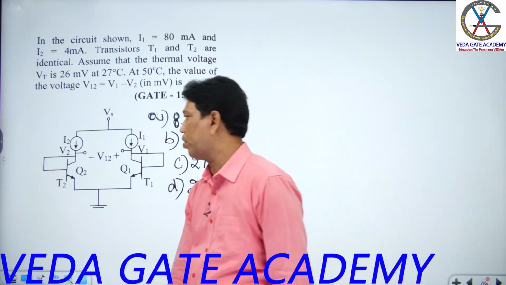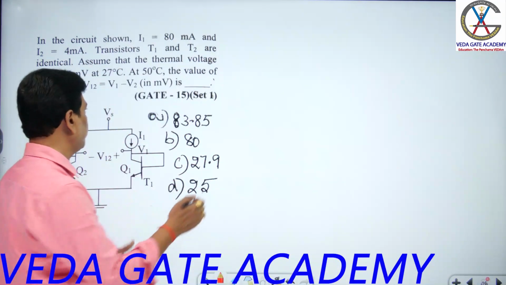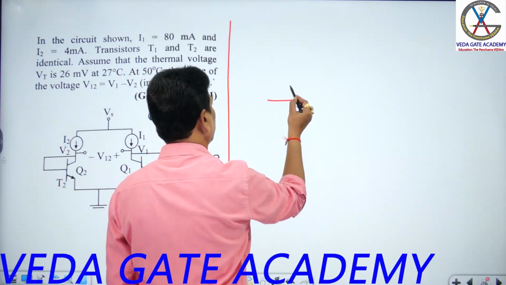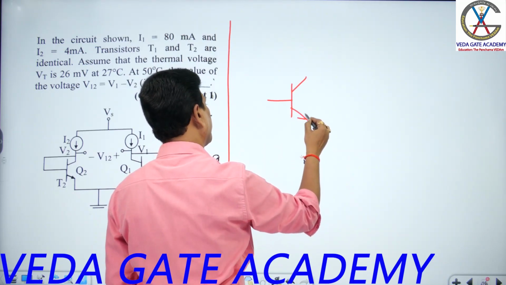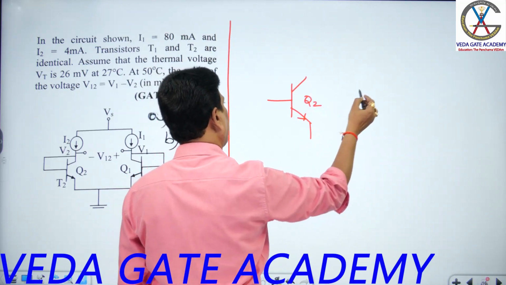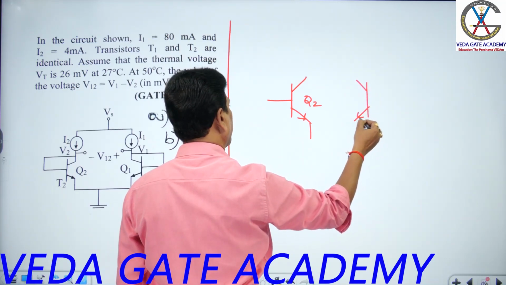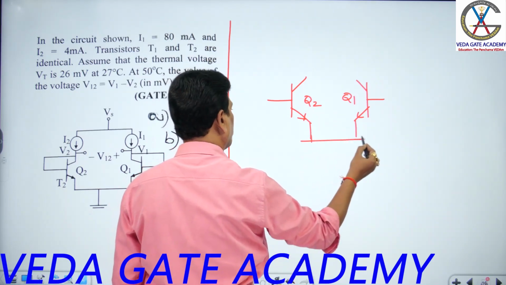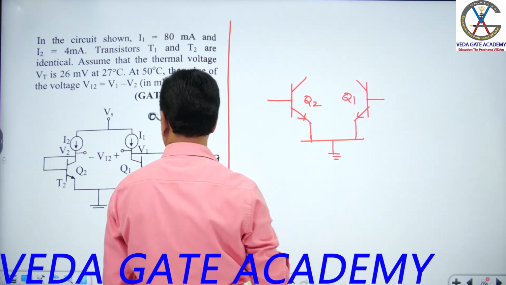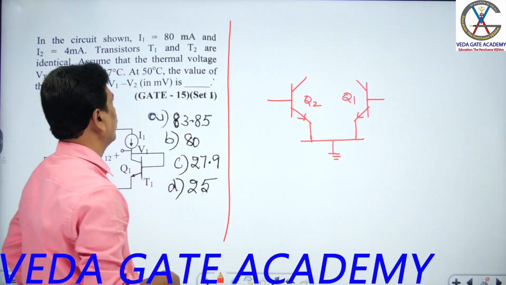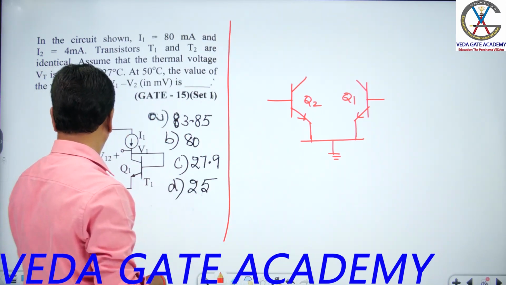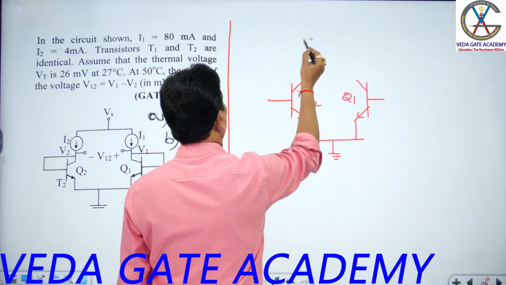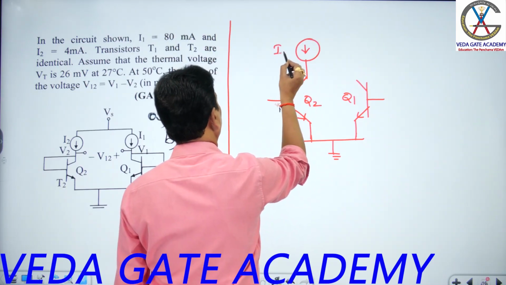Now I can check out the circuit diagram, students. So I redraw that circuit now. That is a differential amplifier circuit, students. This place you can call Q2. This place you can call Q1. Confirm? Both emitter terminals are joined to the ground. Confirm, students? This one is connected to the current source of I2.